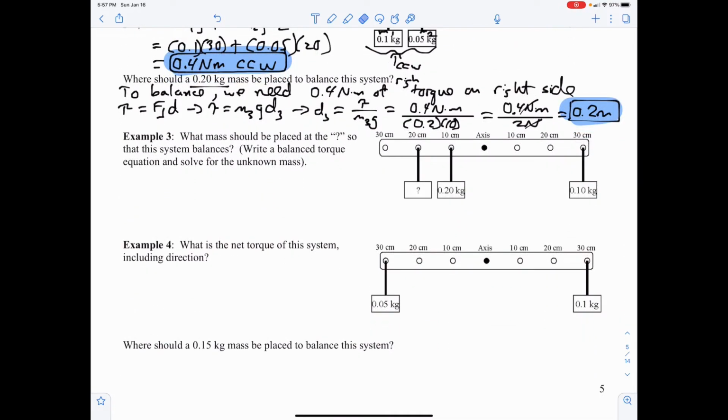Example 3. What masses should be placed at the question mark so that this system balances? Write a balanced torque equation and solve for the unknown mass. Well, these two weights would provide counterclockwise torques. So we have two counterclockwise torques.